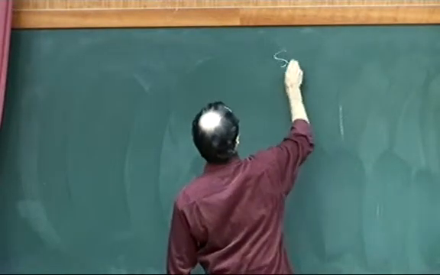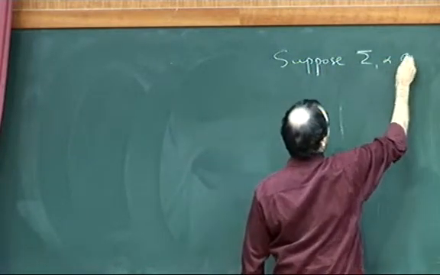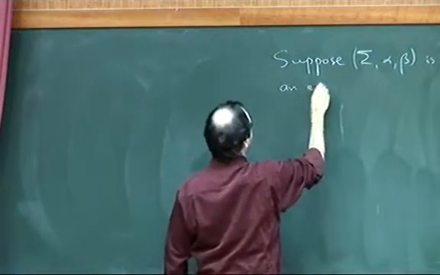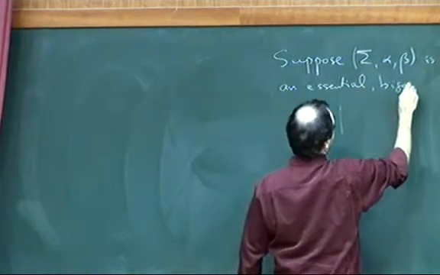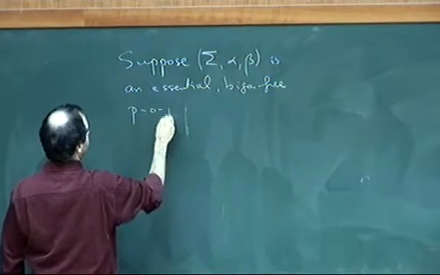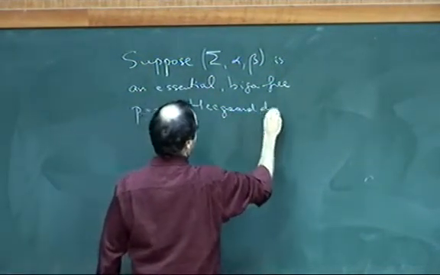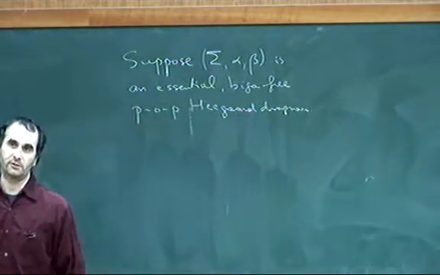So suppose sigma, alpha, beta is an essential bigon-free pair of pants Heegaard diagram. What are the domains? How can we understand?